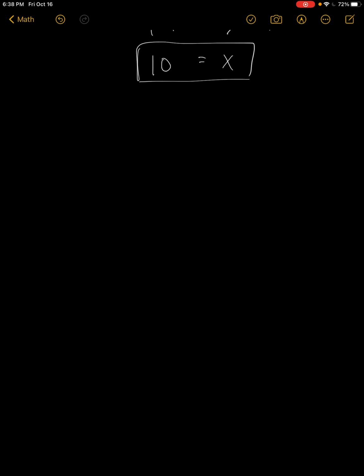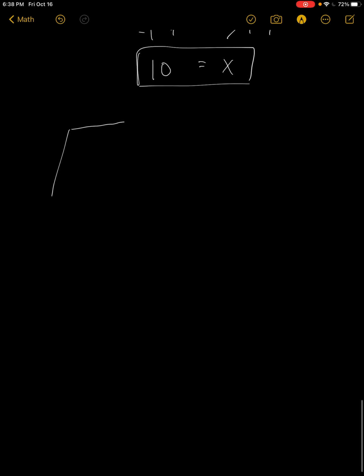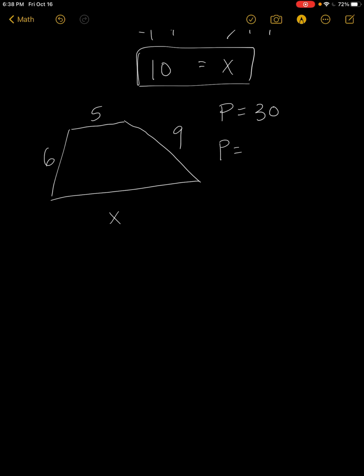Do one last one, then we'll move on. Okay, so it's kind of a weird funky shape. That doesn't really matter, because the perimeter is still the same equation always.